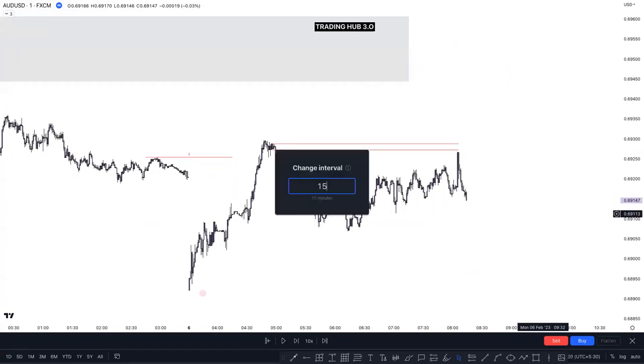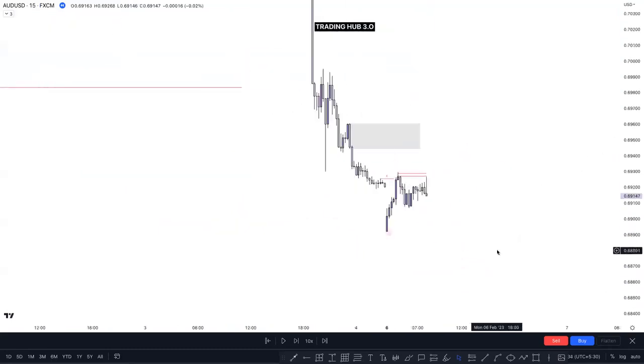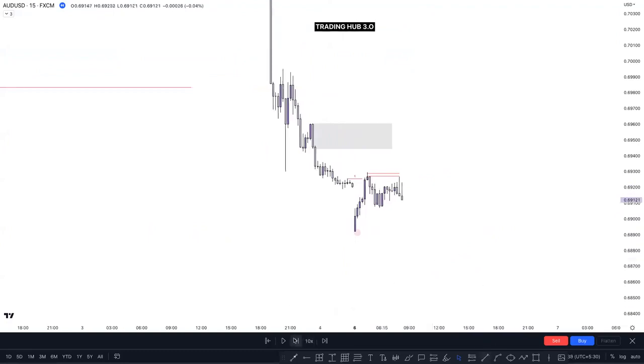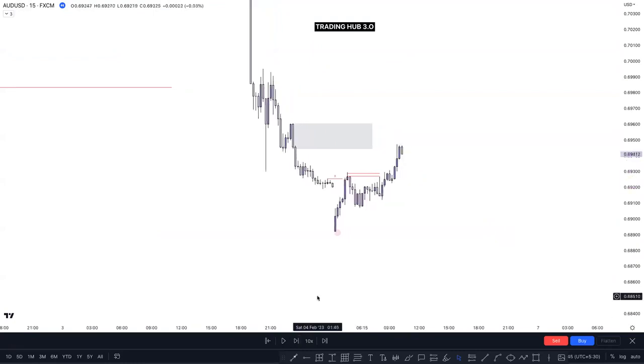Now switch again here to the 15-minute time frame. And you have to wait for the market to mitigate your POI zone, right? So this one is your POI. Once the market taps your 15-minute POI, then you can sell here based on a 1 minute time frame, based on lower time frame confirmation.